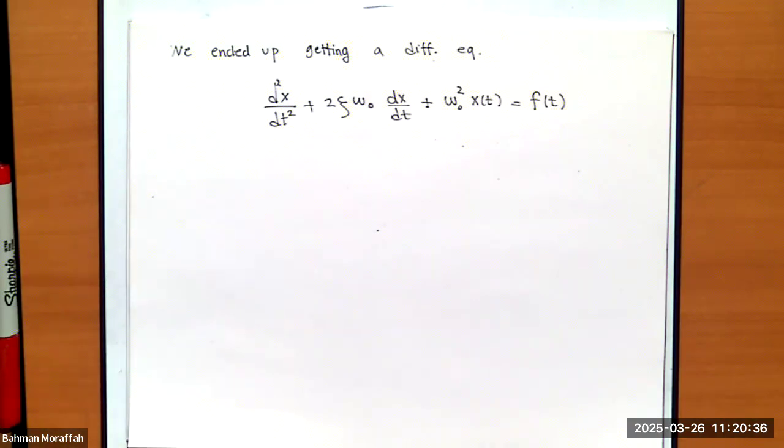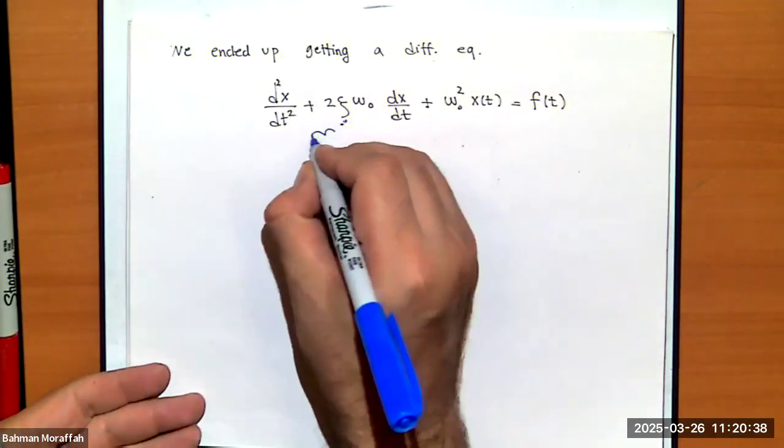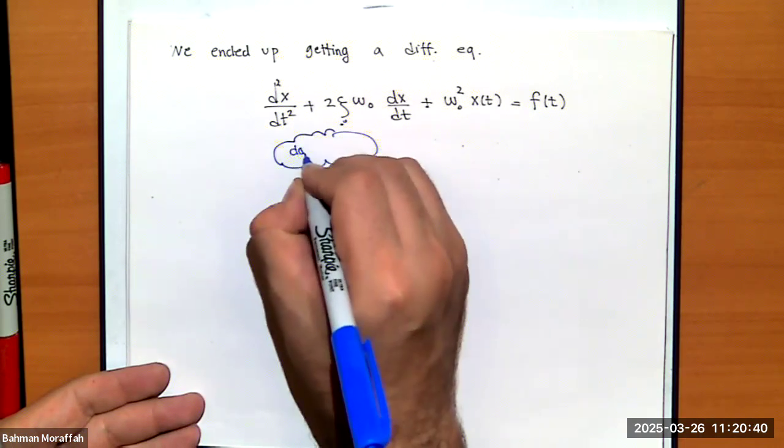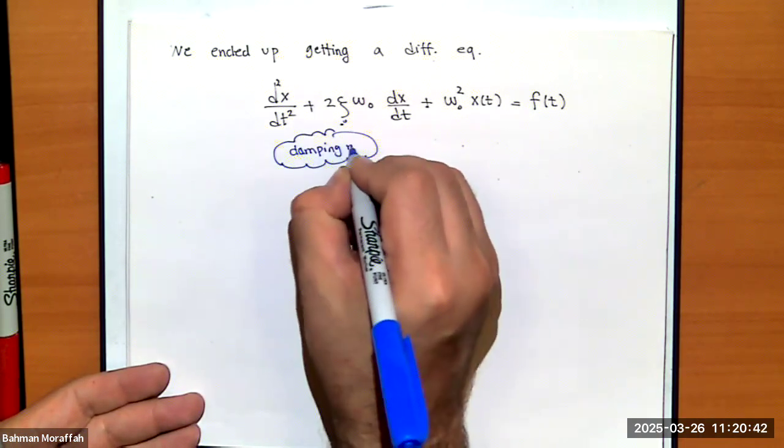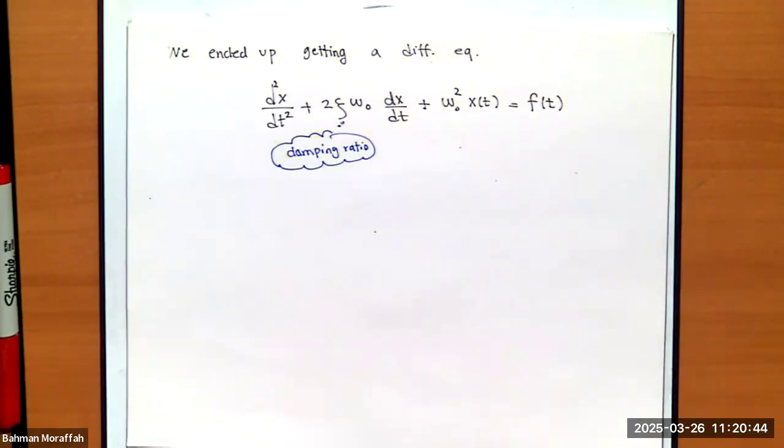We said this c is the damping ratio, which told us exactly what kind of solution we have, depending on if it was greater than 1 or less than 1.